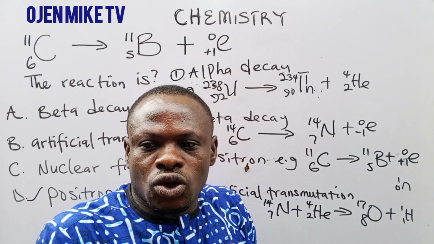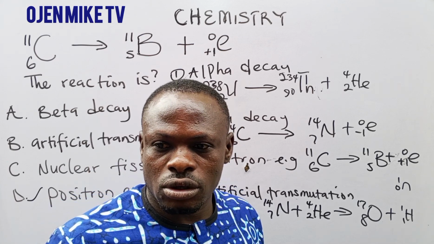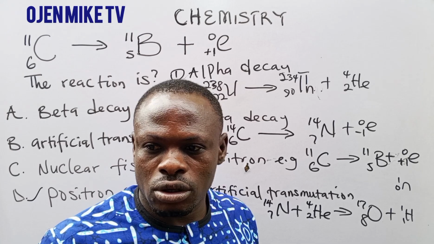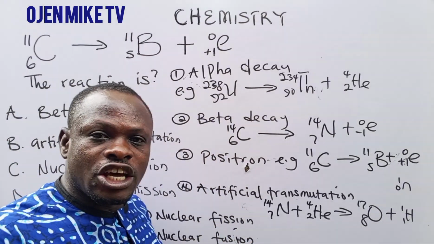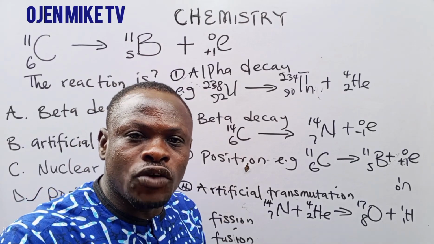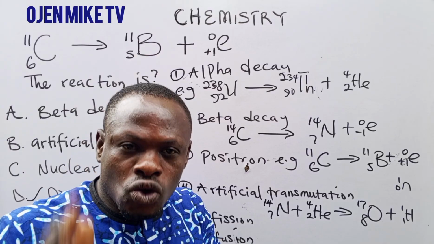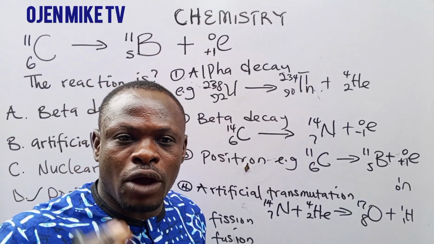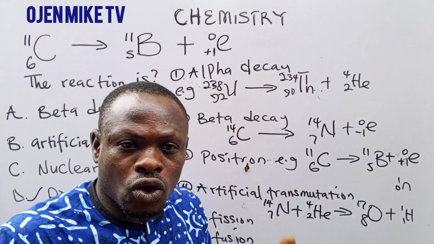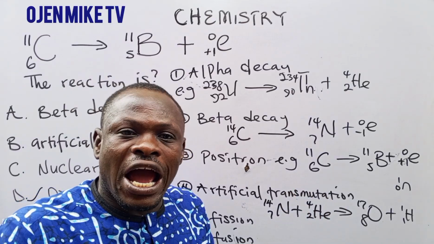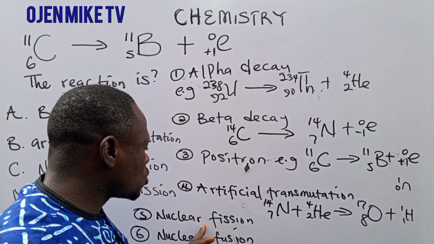When you carry a neutron and hit that heavy nucleus, a nuclear fission is formed, when a heavy nucleus is being split into two smaller nuclei when it is being hit by what? By a neutron. When this heavy nucleus absorbs a neutron and is split into two smaller nuclei, what do we call that? Nuclear fission.